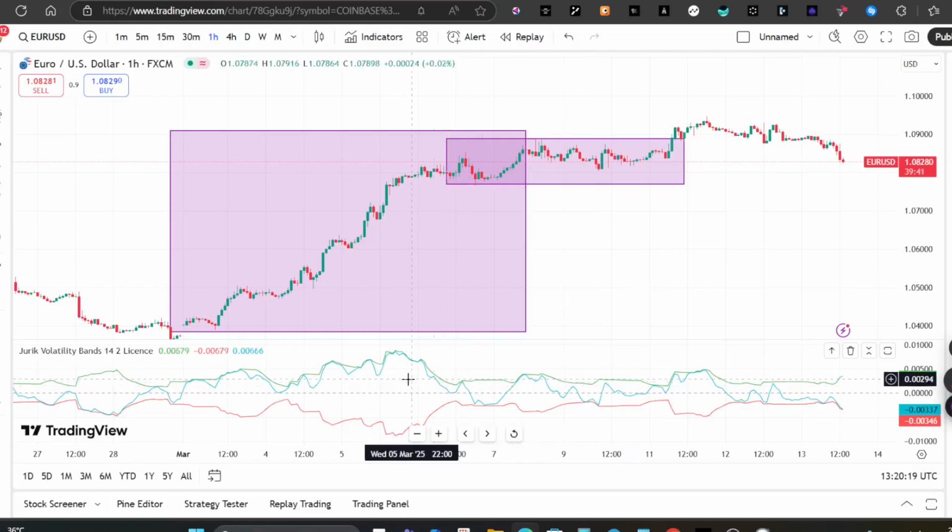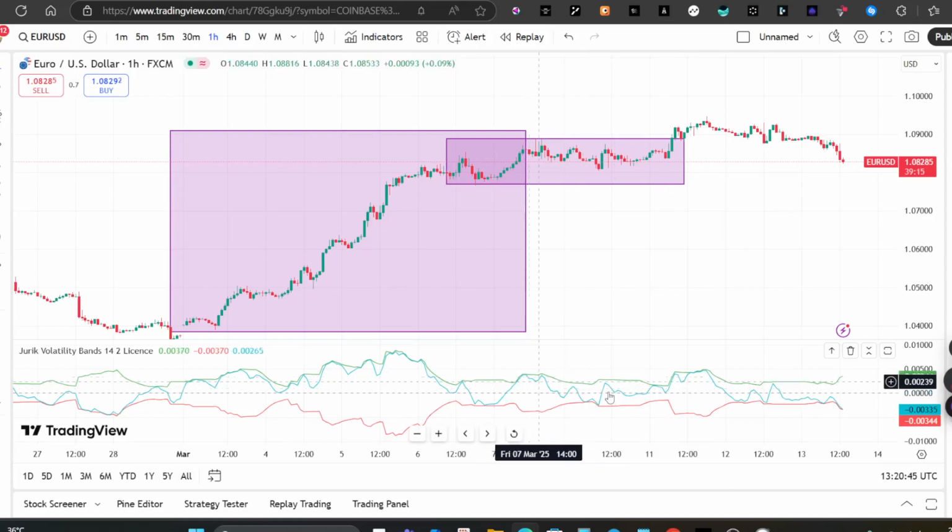Now, with respect to wide bands, when the bands start widening, it's usually a sign of increased volatility. So high volatility often precedes major price moves, which can be ideal for catching a breakout or entering a trend early. All right.